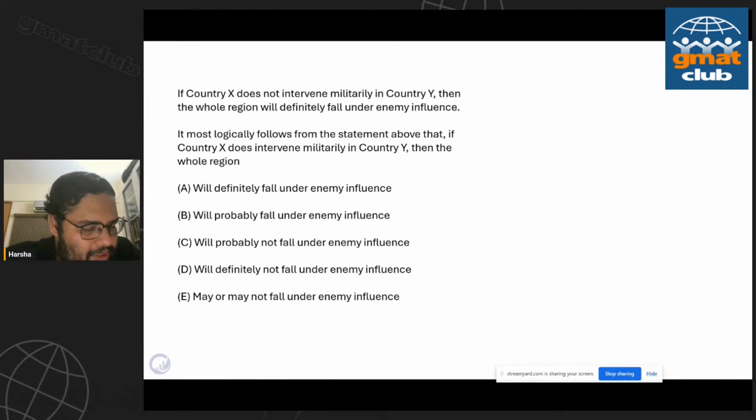Anyone else? Okay. One candidate for C, couple of candidates for E.